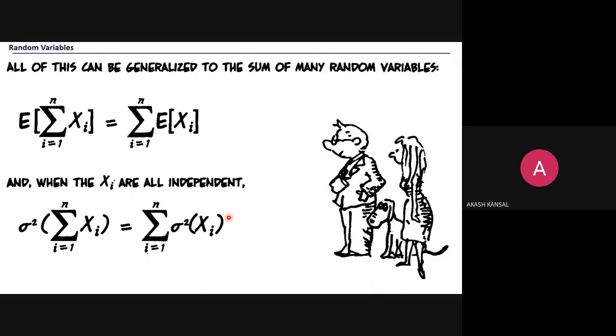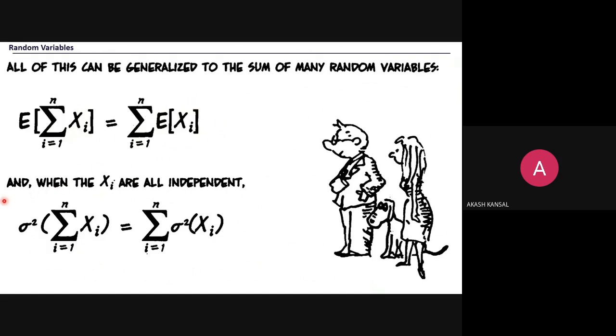Moving on. Now, if we want to generalize to any sum of random variables, let's say three coin tosses, four coin tosses, and so on, the expectation of the sum of all the random events will be equal to the sum of expectations of the individual random variables.